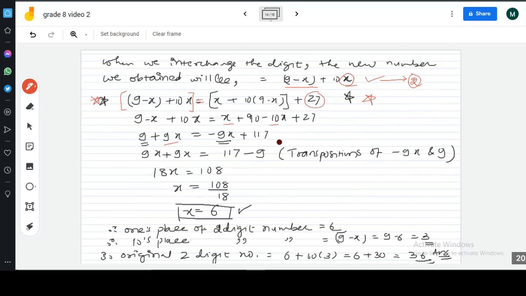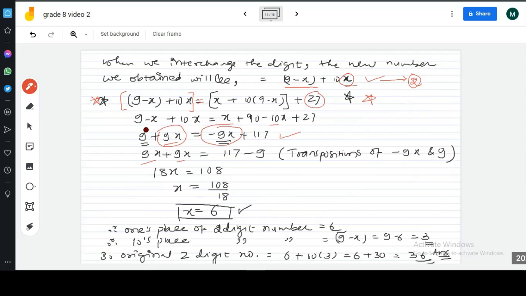Now we have an equation in which the variable is on both sides. To the left side I have 9x, to the right side I have minus 9x. I need to take both of them to one side, that is the left side. Left side 9x remains as it is, and transposing the minus 9x to the left side will make it plus 9x.